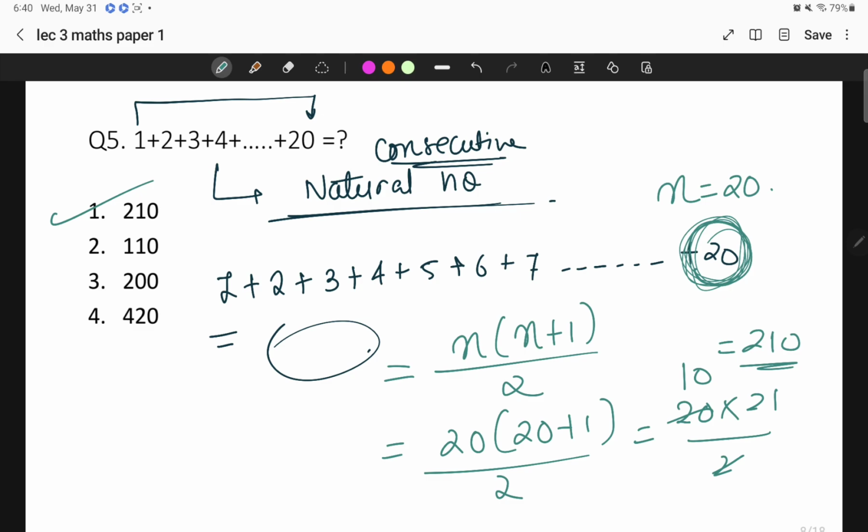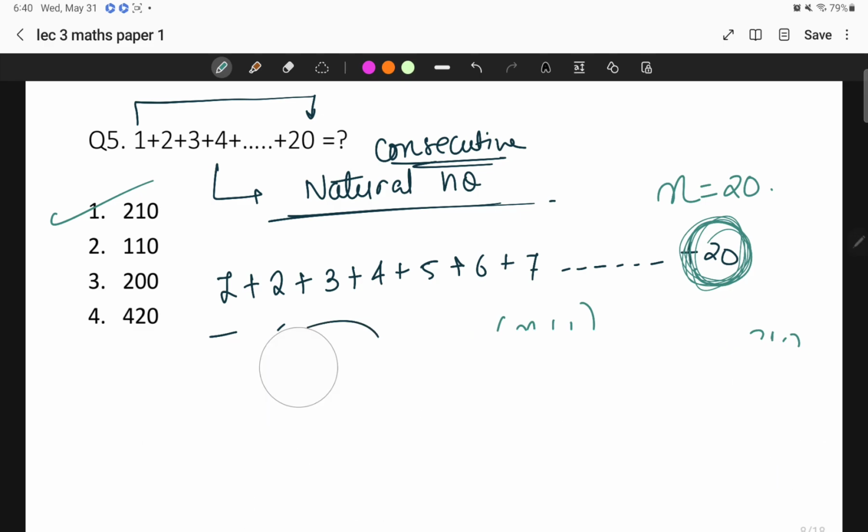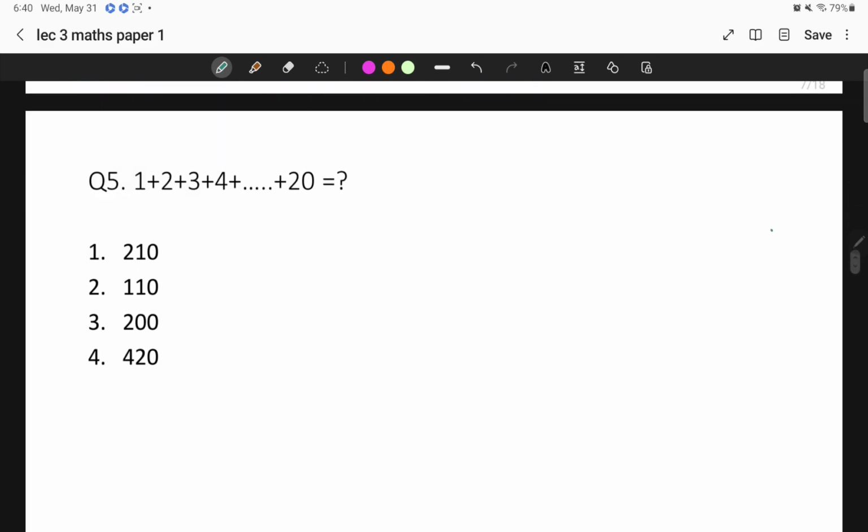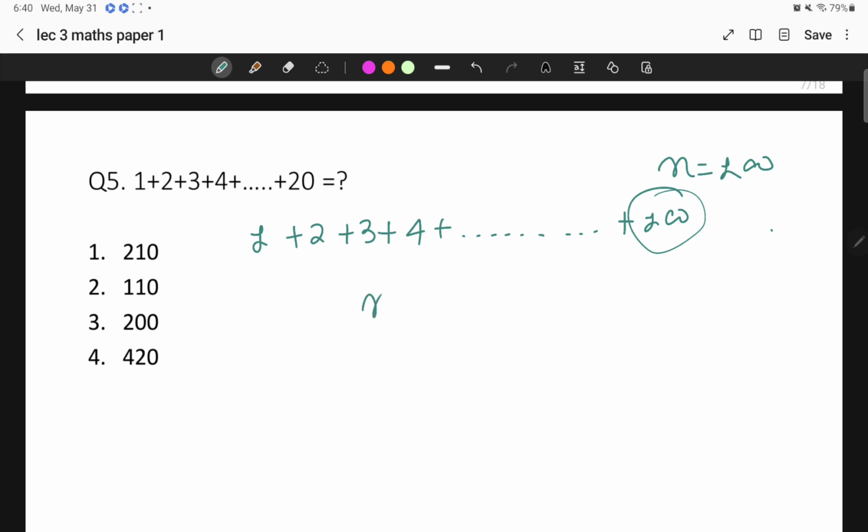I hope you have got the question. Even if they ask us to find the summation up to, for example, 50 or 100, 1 plus 2 plus 3 plus 4 up to 100, then the value of n is going to be 100, and we know the formula, n into n plus 1 divided by 2.